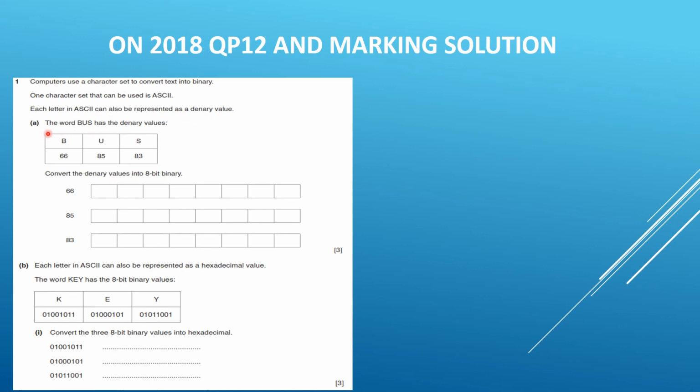So in the A part, we are given a word, BUS, and the denary value for each letter. B has the denary value 66, U has the denary value 85, and S has the denary value 83. Now the question is, convert the denary values into the equivalent 8-bit binary.